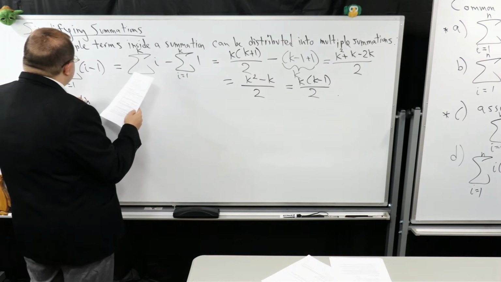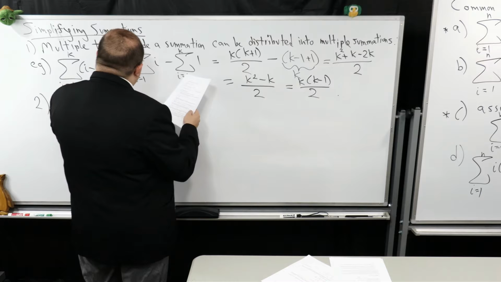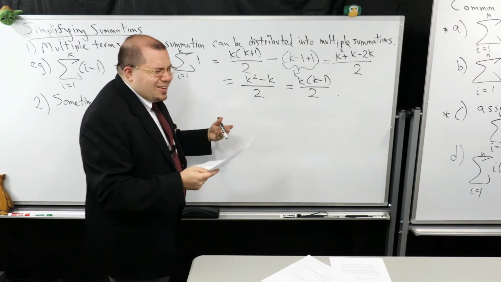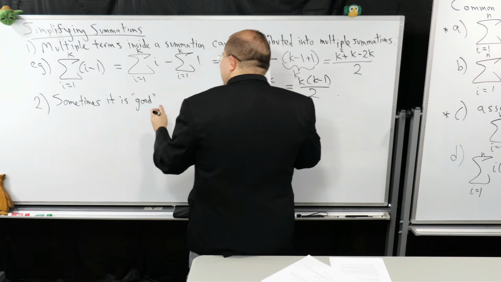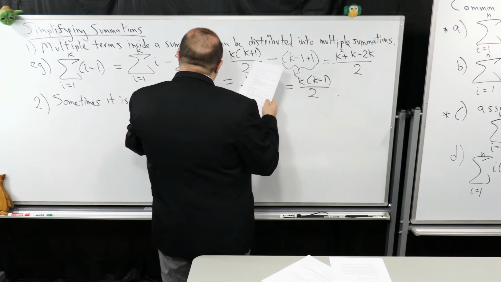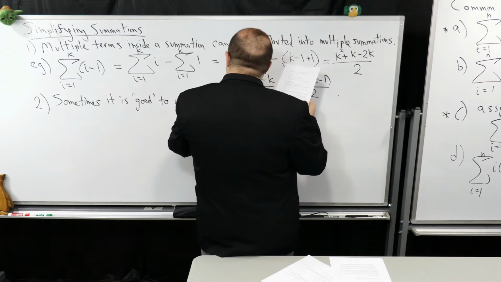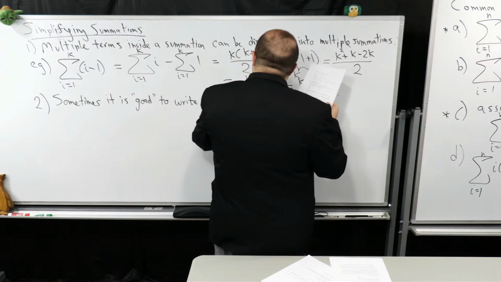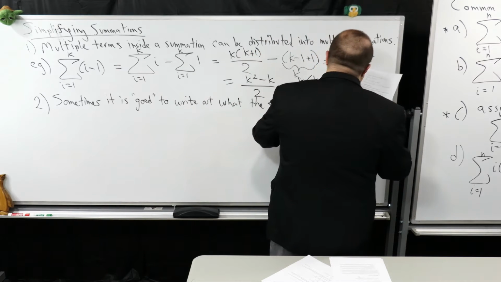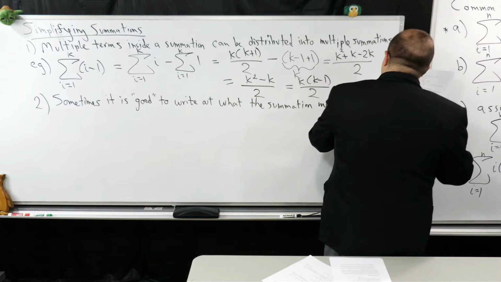sometimes it is good. I don't like using the word good because good and bad are subjective terms. Sometimes it is good to write out what the summation means, then group related terms.